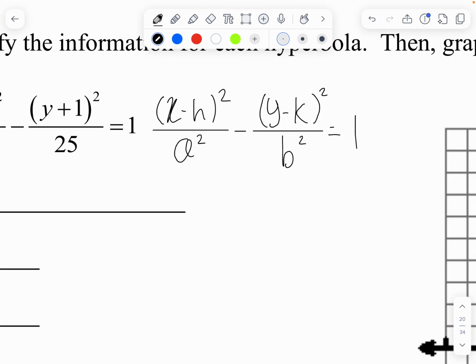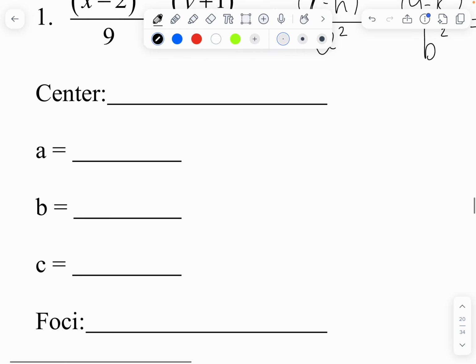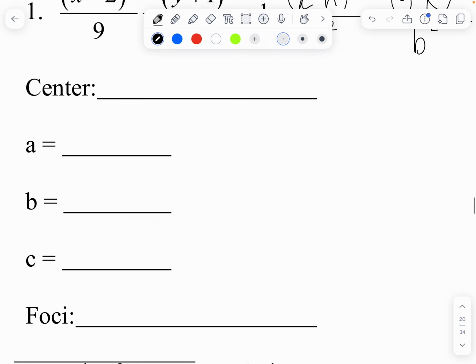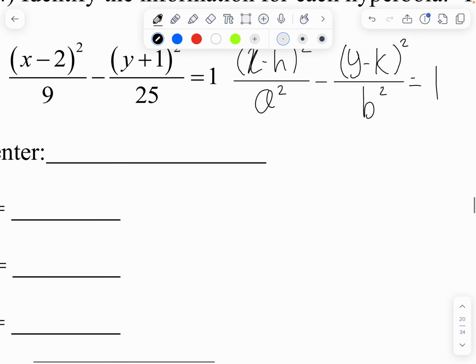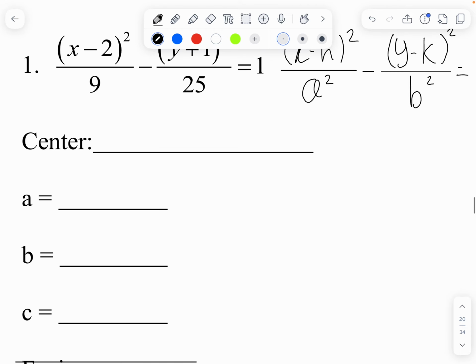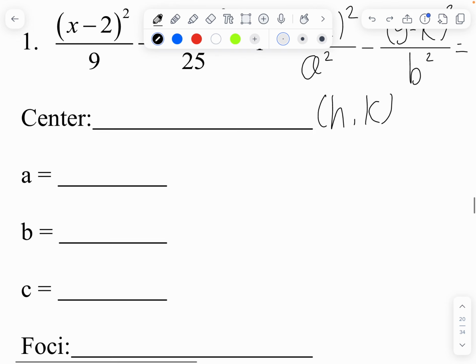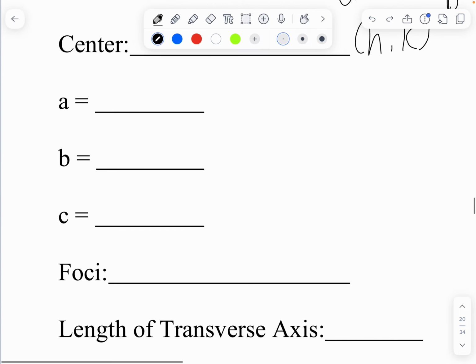Okay, now let's define what the center, a, b, and c equal. The center is always going to be at (h, k), and a and b are just these values, and c is the focal length.